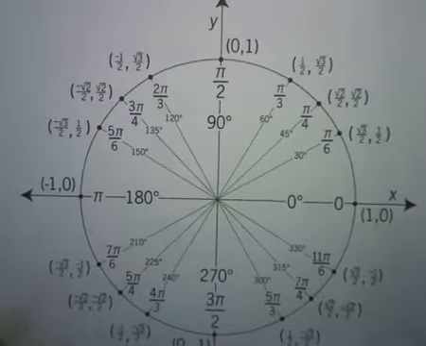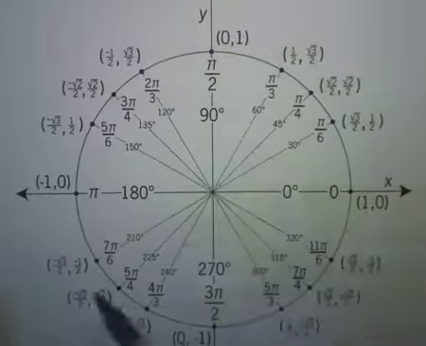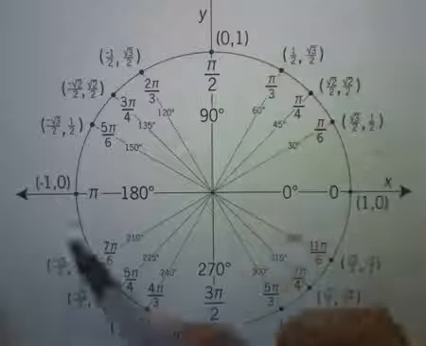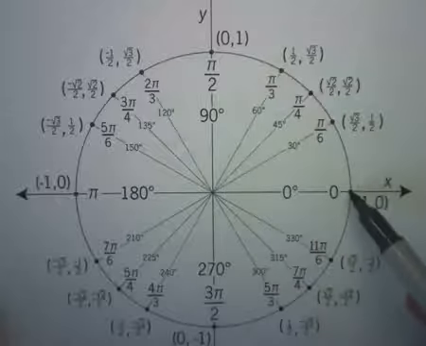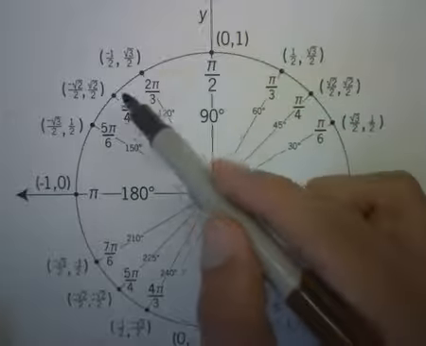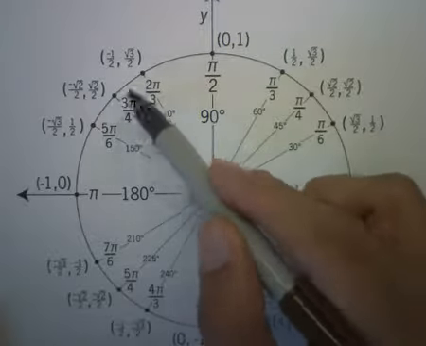In fourths of pi, there's 1/4 of pi, 2/4, all the way around is 8/4. All the way around again, it'd be 16/4. So 17/4, 18/4, 19/4. We're at this point right here, same place as 3 pi over 4.